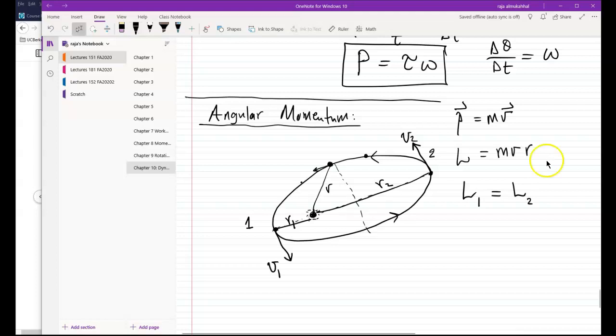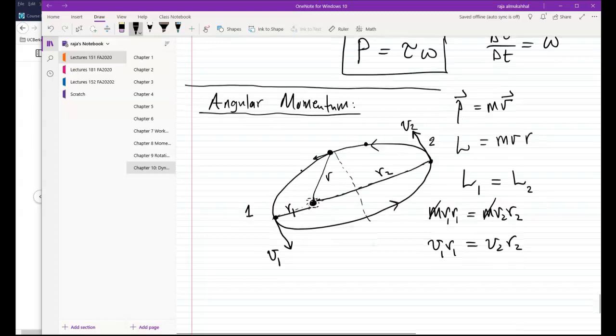Well, if I am going to insist that L1 and L2 are equal, then mv1r1 must equal mv2r2. Make sense? They have to be. You can ignore the math because the m's are going to cancel out. So basically v1r1 must be equal to v2r2. Are you seeing what's going on so far, or you haven't?